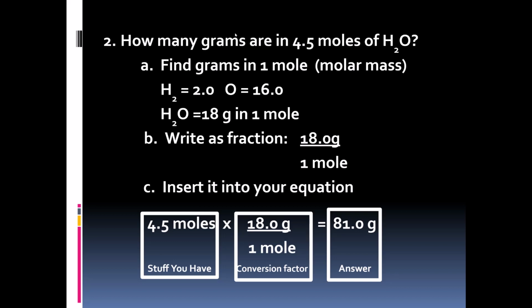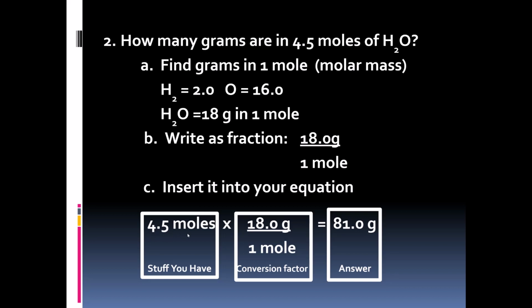Here's another: how many grams are in 4.5 moles of water. Again, we find the grams of 1 mole of water. We found that out yesterday to be 18 grams for 1 mole. You can write that as a fraction if you're to do unit cancellations. Put everything into your equation.